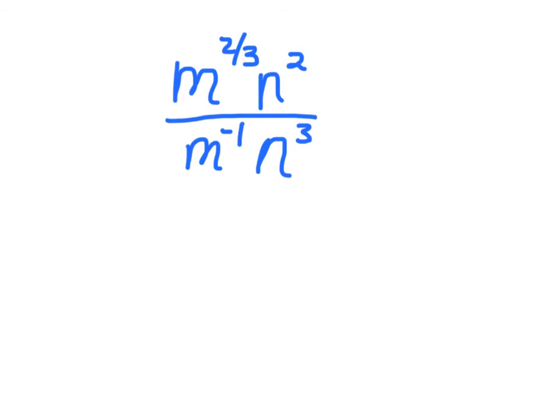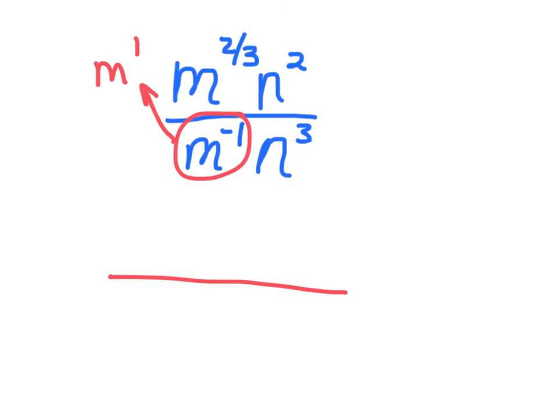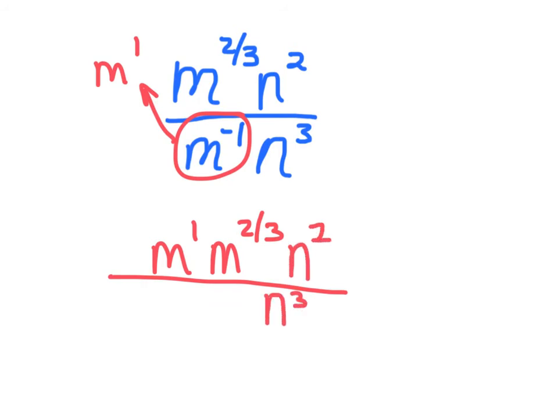So in this problem, this m to the negative 1 moves to the numerator and becomes m to the 1. So in the numerator we have m to the 1, m to the 2/3, n to the 2 over n to the 3. Okay?